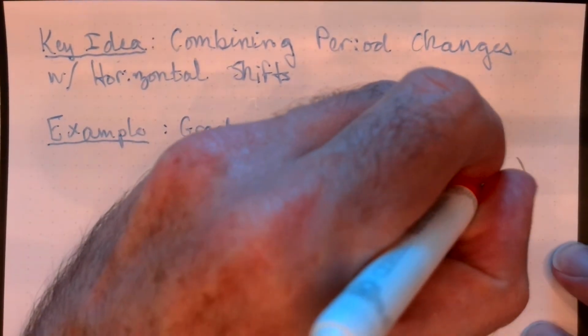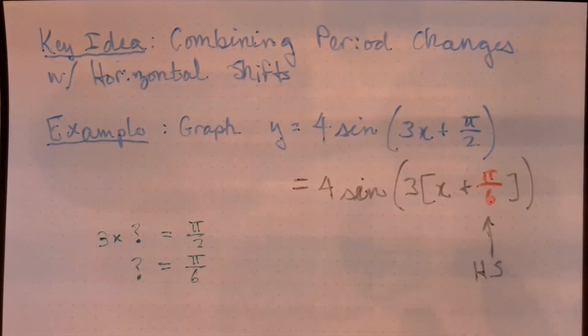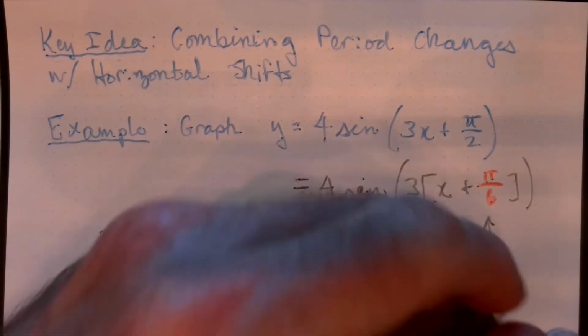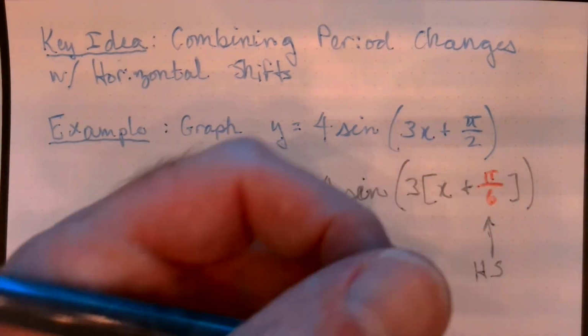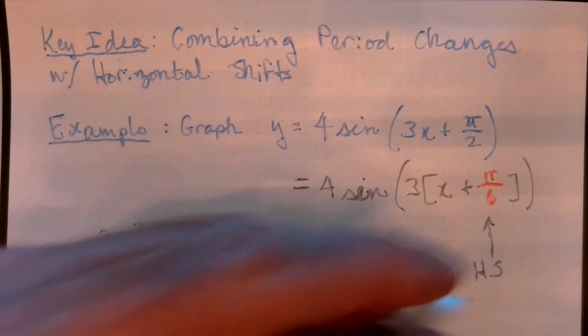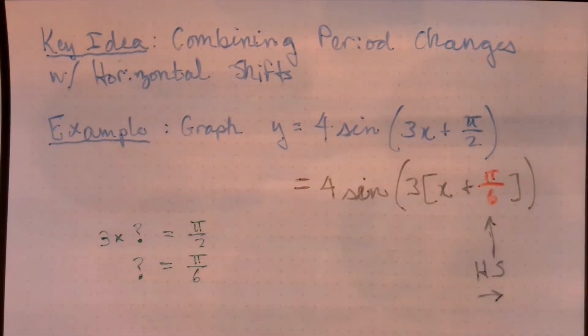So this would be pi over 6. So that's our horizontal shift. And remember, when you subtract, that moves your graph to the right. When you add, that moves your graph to the left. So we're going to do pi over 6 units that way.